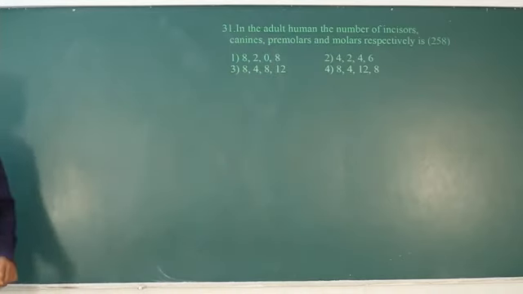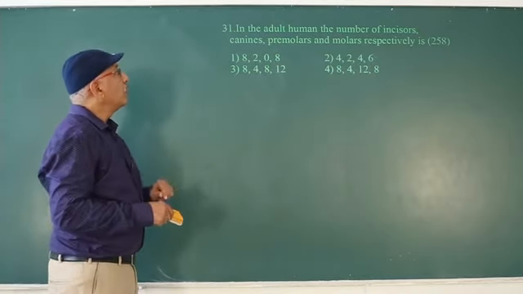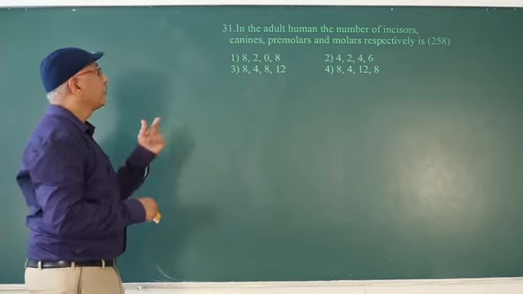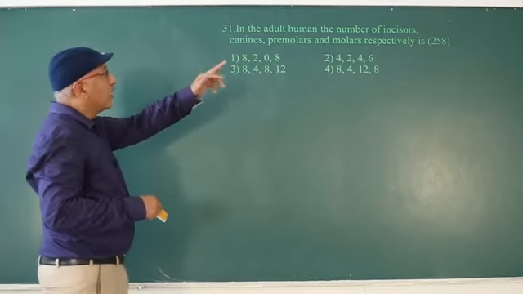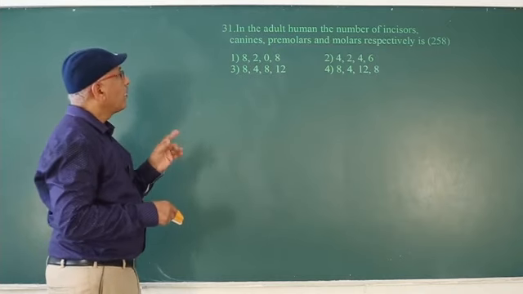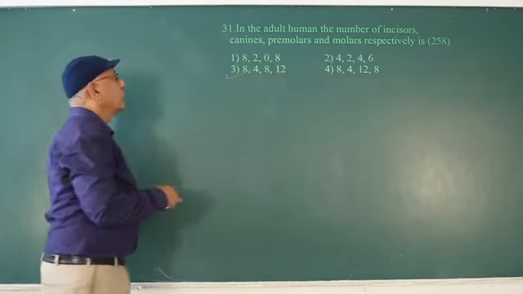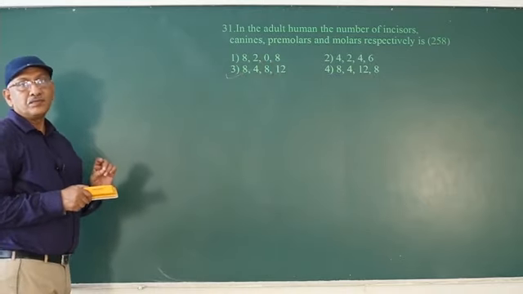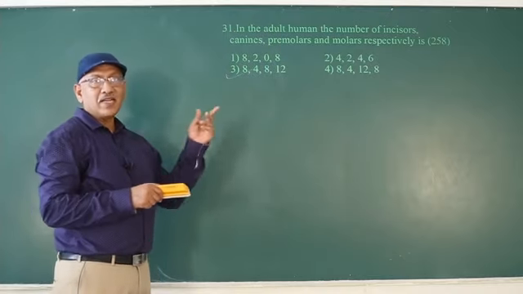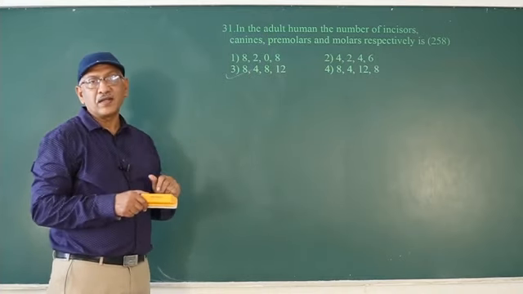Next one. In the adult, incisors, cutting teeth, canines, tear the flesh, premolars and molars, grind the food material.